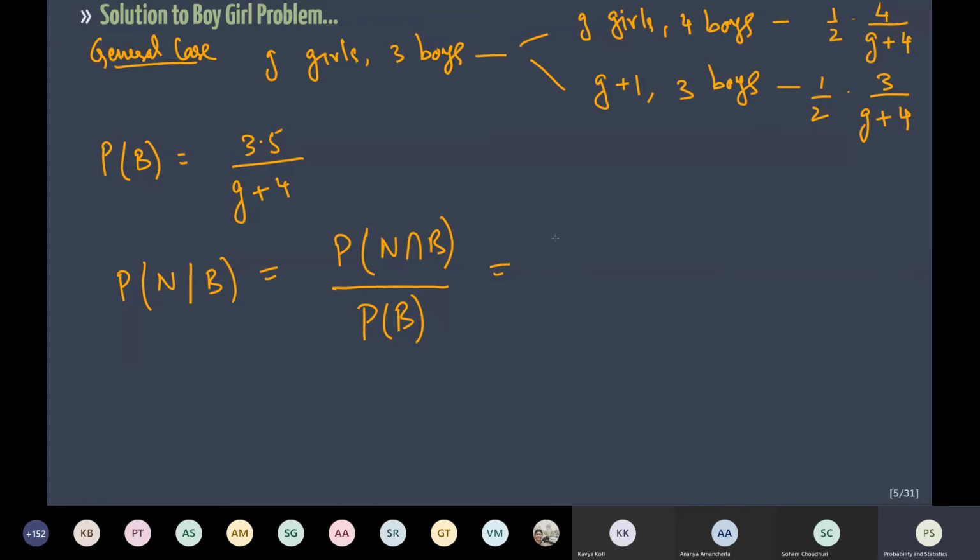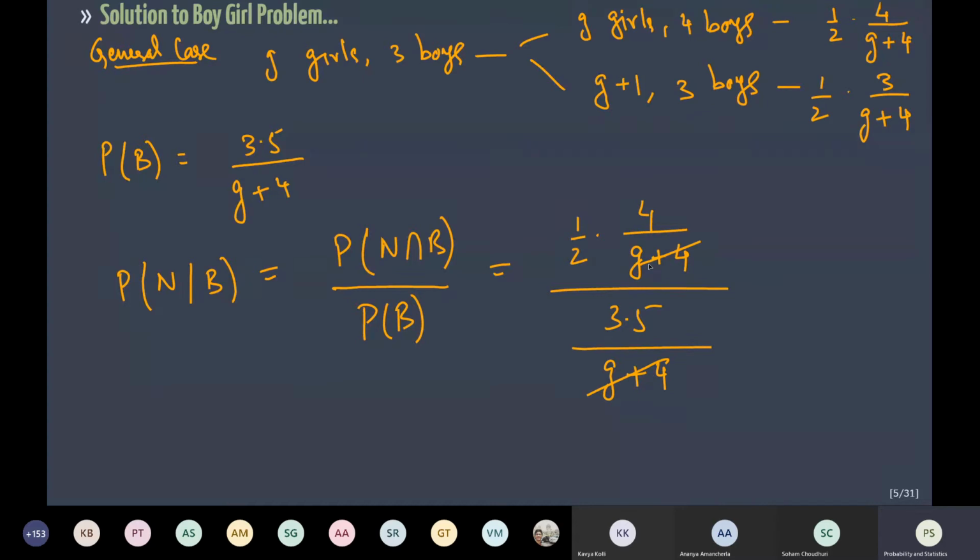So if we do this, then what we had selecting this goes in the denominator, and what is above is half of 4 divided by G plus 4, divided by the probability of B, which is 3.5 divided by G plus 4.